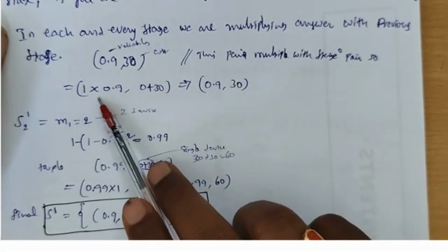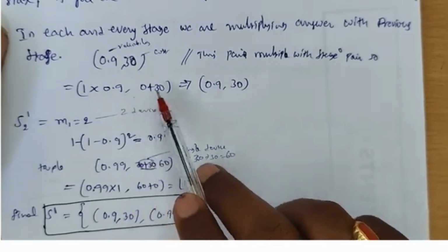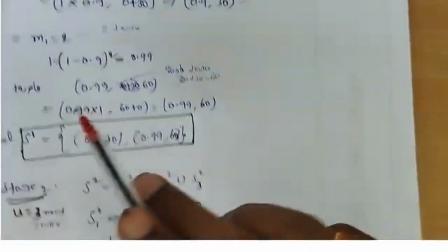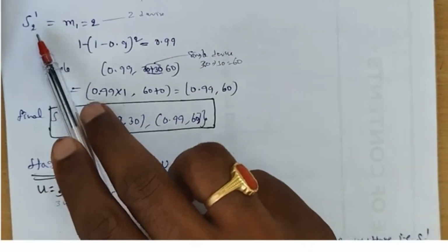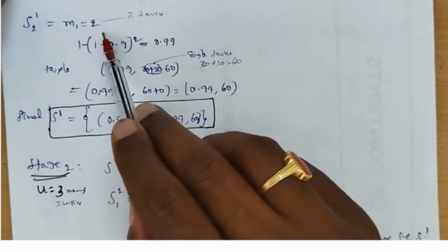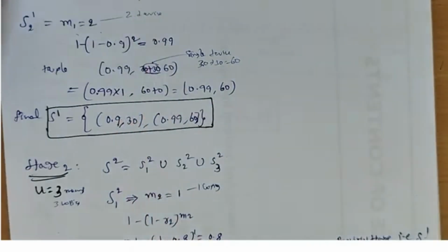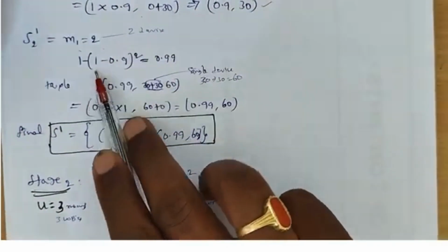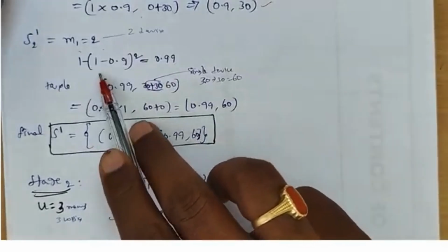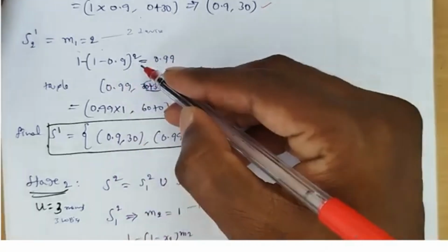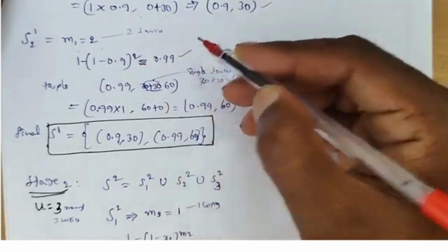That means 1 into 0.9 comma 0 plus 30 equals 0.9 comma 30. And for the second, s1 base 2, m1 equals 2. The first device gives 0.9, and with 2 devices, 1 minus 0.1 whole square equals 0.99.